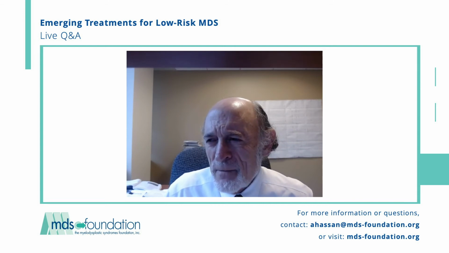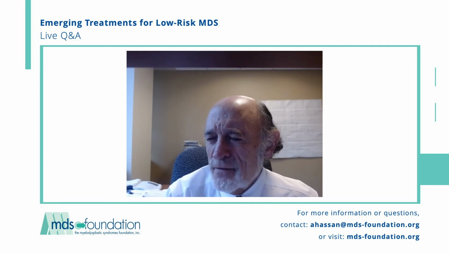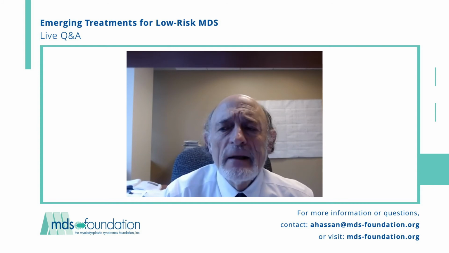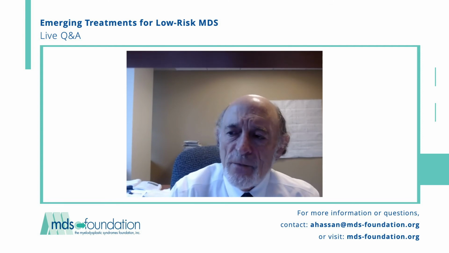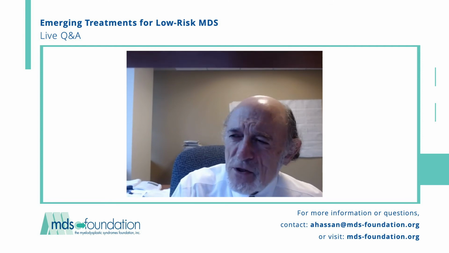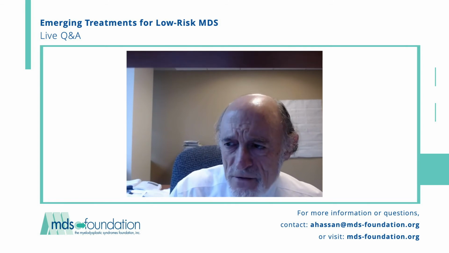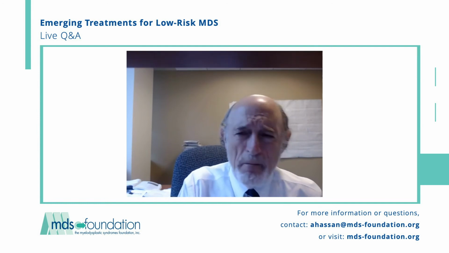Because when we use hypomethylating agents, for instance, or even a drug like Revlimid, one's likely to see some decline in the white counts themselves, especially the neutrophils with the hypomethylating agents, not so much the lymphocytes, but the neutrophil counts. So I hope that helps with that question.